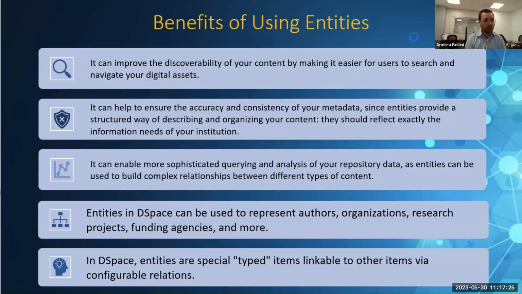And what are the normal usages of entities in DSpace? The starting point, the usual needs, are to use entities to represent authors, organizations, research projects, funding agencies, and more. For instance, some of these entities are already known by the DSpace community from the past.